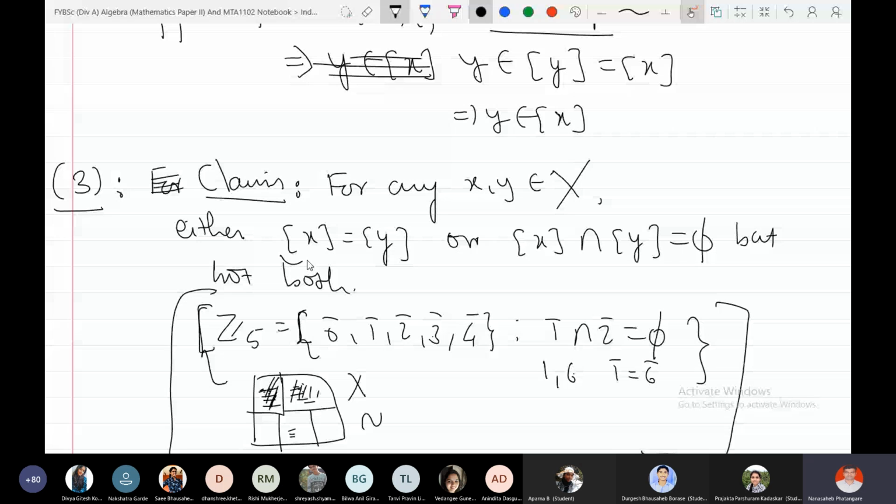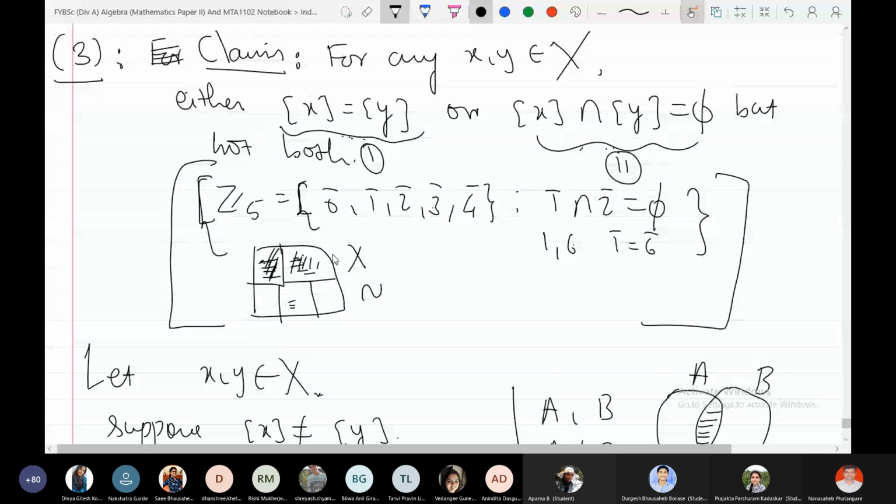One of them holds means what? If one fails, then the second must hold, or if the second fails, then the first must hold. So exactly one of them is true, but not both at a time, right? This is our statement, and that is what I want to prove. Do you understand the strategy? Logically, is it clear?